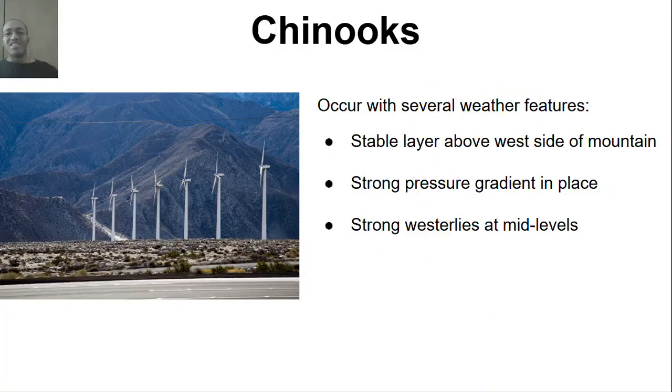These kinds of winds tend to occur with several weather features. One is a stable layer on the west side of the mountain. You also like to, of course, have that strong pressure gradient in place to help create those strong winds and bring up winds along that mountain boundary.